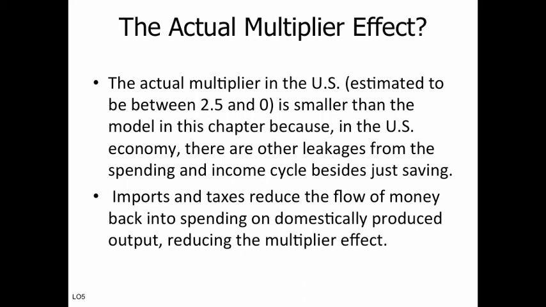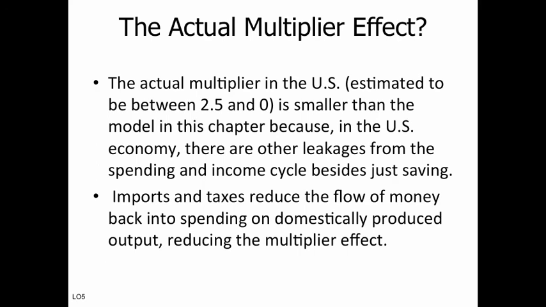Typically the multipliers I've seen and used, a multiplier value of about 1.5 is, I would say, average. So any change in spending would cause a change in real GDP of 1.5 times that amount.